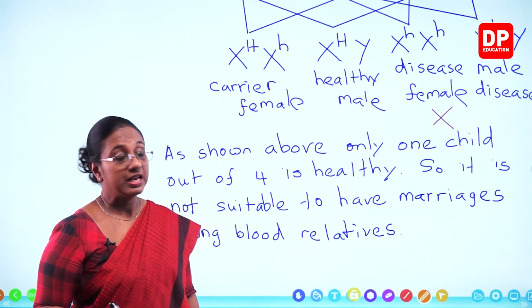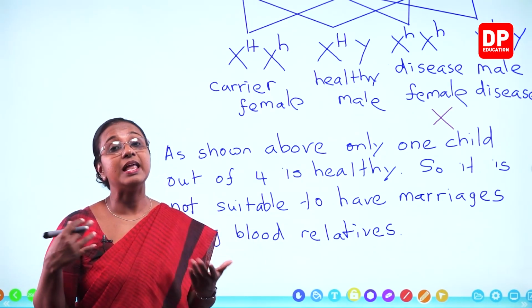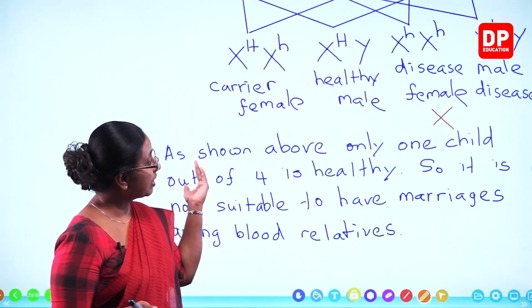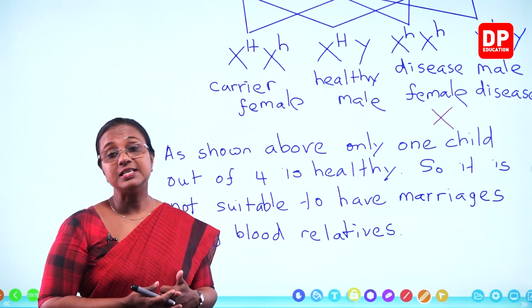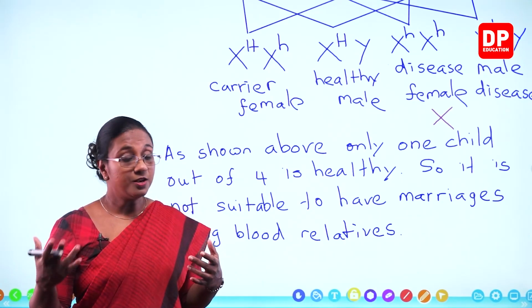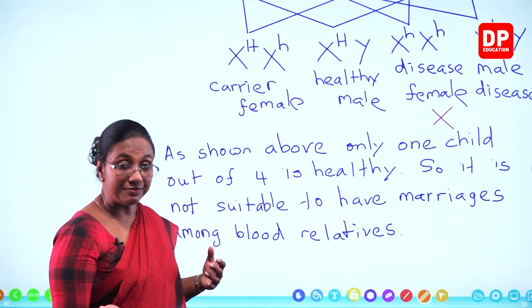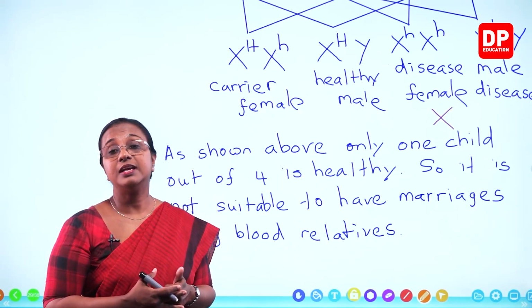Is that clear? Now when we say blood relatives, that means both the male and the female have that recessive gene. That is why I took the example where the father has the disease and the mother is a carrier. If the father was healthy, then of course the outcome would be different, but still there will be chances that the children get the disease.